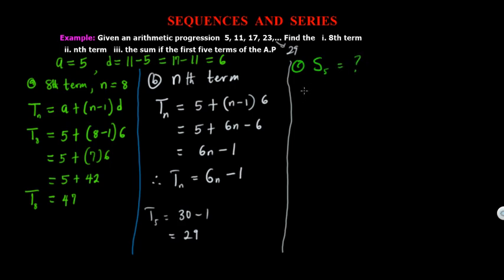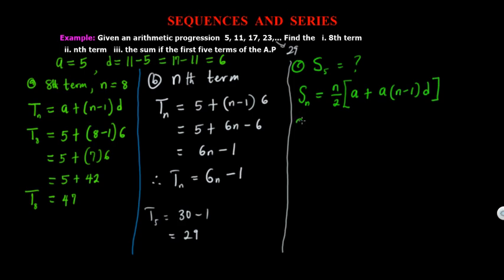So to know that, we use the formula of the sum of terms in an AP, which is the number of terms over 2, open bracket, the first term plus the nth term, which is a, open bracket, n minus 1, multiply by d, close the bracket.